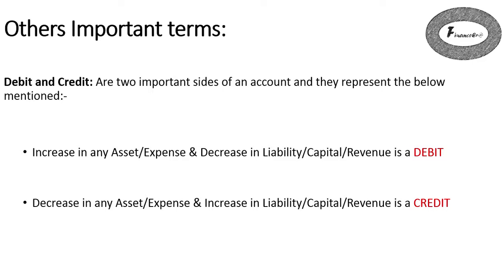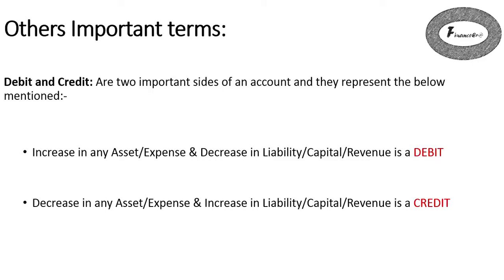One of the most commonly used terms in accounting are debit and credit. They are simply two important sides or aspects of an account, and they represent the below mentioned. Whenever there is an increase in an asset or an increase in an expense, or a decrease in a liability, capital or revenue, it is always a debit.